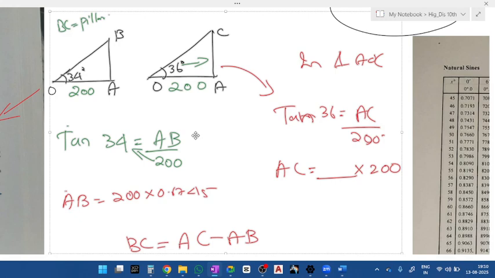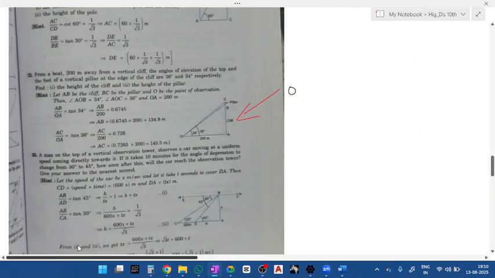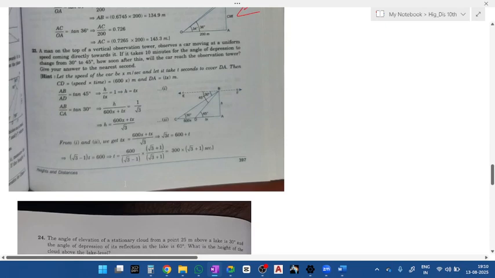Okay, next question. Even the next one, I want you all to try. Can you see here? They have given two triangles. Read the question, students. All of you will read the question.